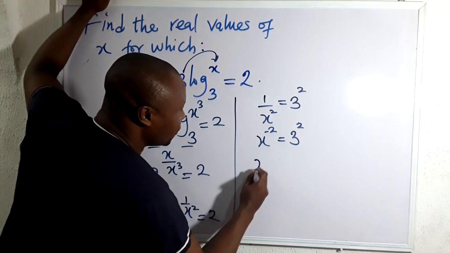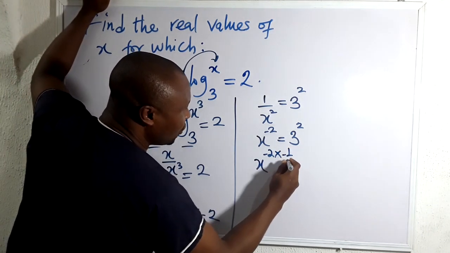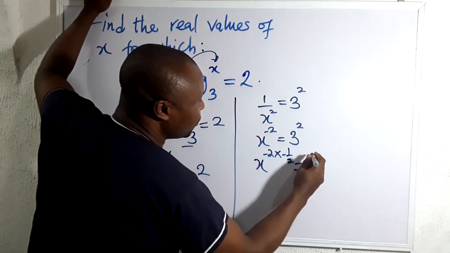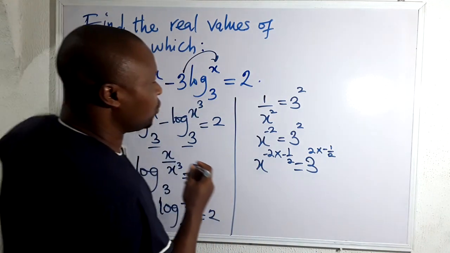So this is going to give us x raised to power minus 2 times minus 1 over 2. We do the same thing to the right hand side: 3 raised to power 2 times minus 1 over 2.